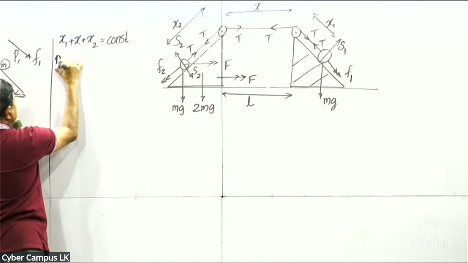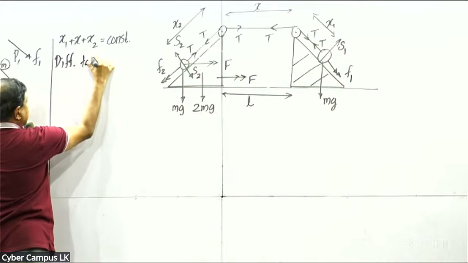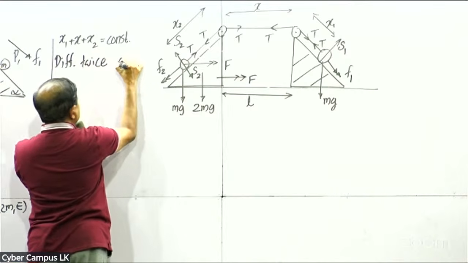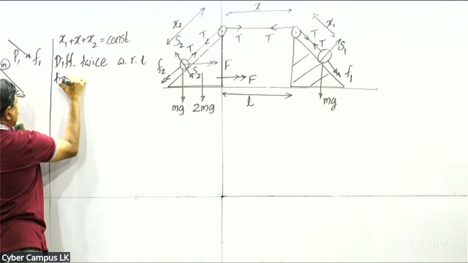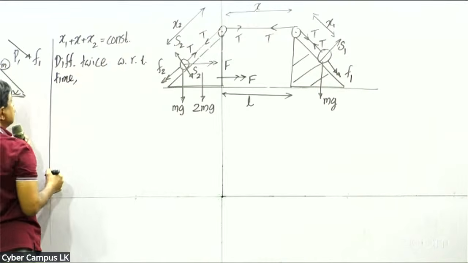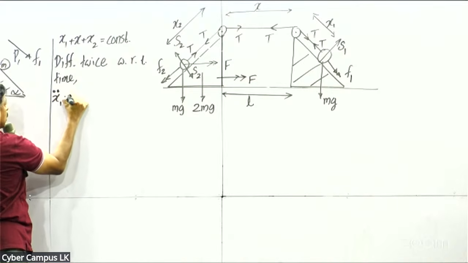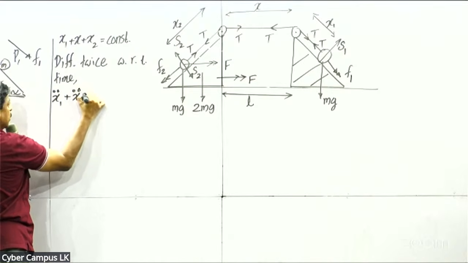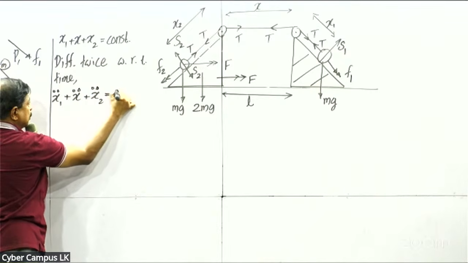Now, differentiating twice with respect to time, this will be x1 double dot, this is x double dot, this is x2 double dot, which is equal to 0.